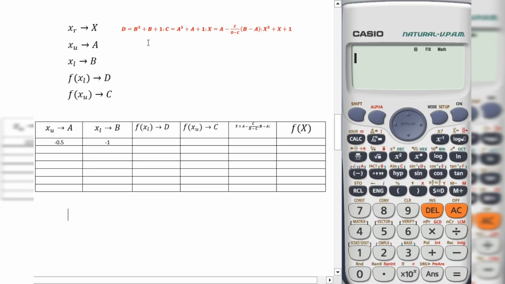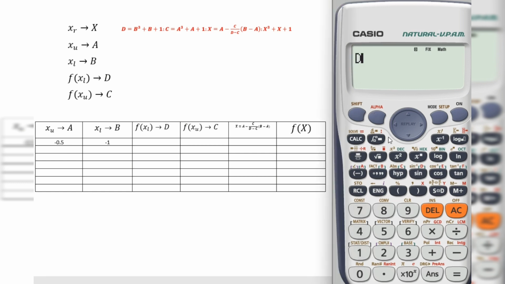Now I am going to enter this function into the calculator. So D is equal to B cube plus B plus 1, colon mark. Enter C is equal to A cube plus A plus 1, again colon mark.